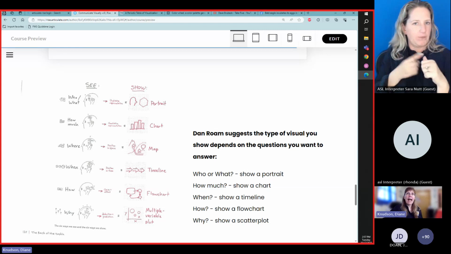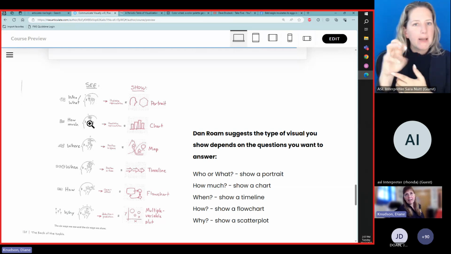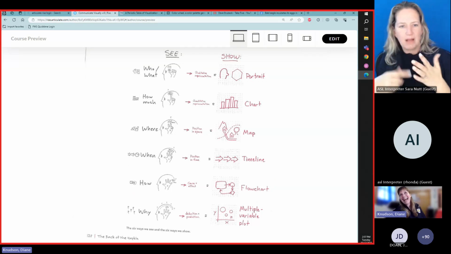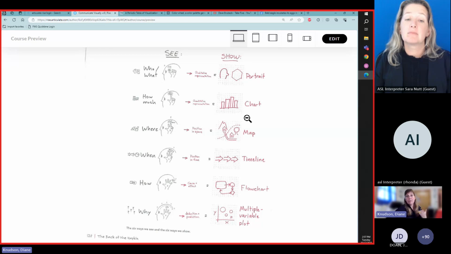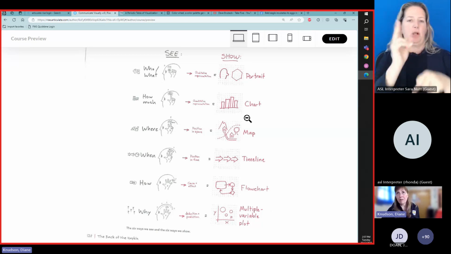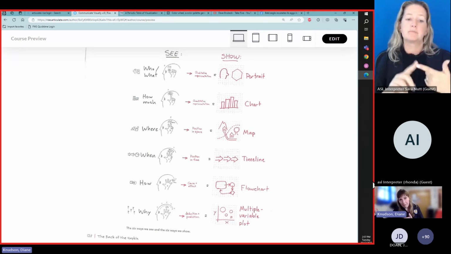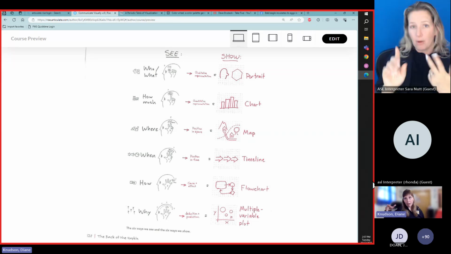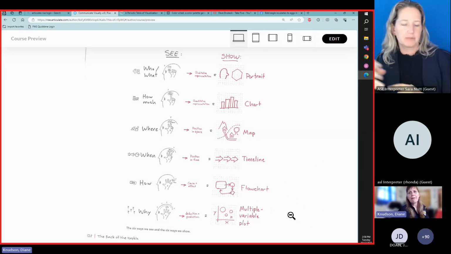If you ask who or what, that's a good case to use a picture or a portrait. How much, you can use a chart, where is a map, when is a timeline, how could be a flow chart, and why is actually the only one I haven't used before, a multiple variable plot.